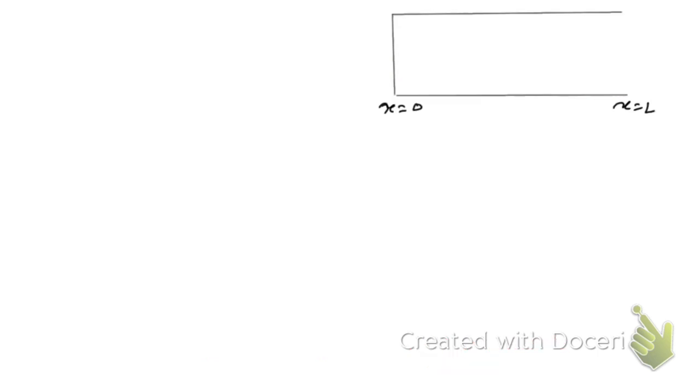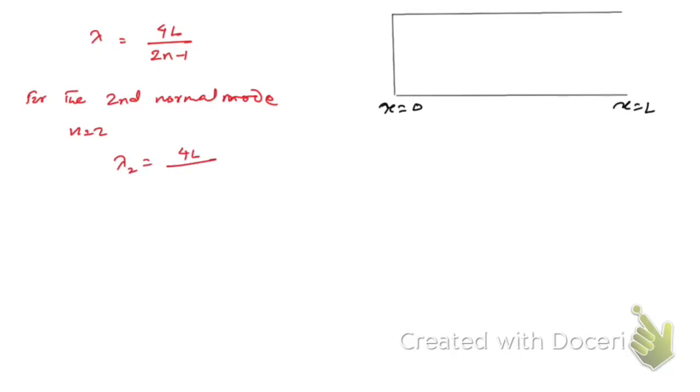For the second normal mode of vibration, we're going to put n is equal to 2, then lambda 2 will be equal to 4L divided by 2 into 2 minus 1, that's going to be 4L by 3. That's what we have got.